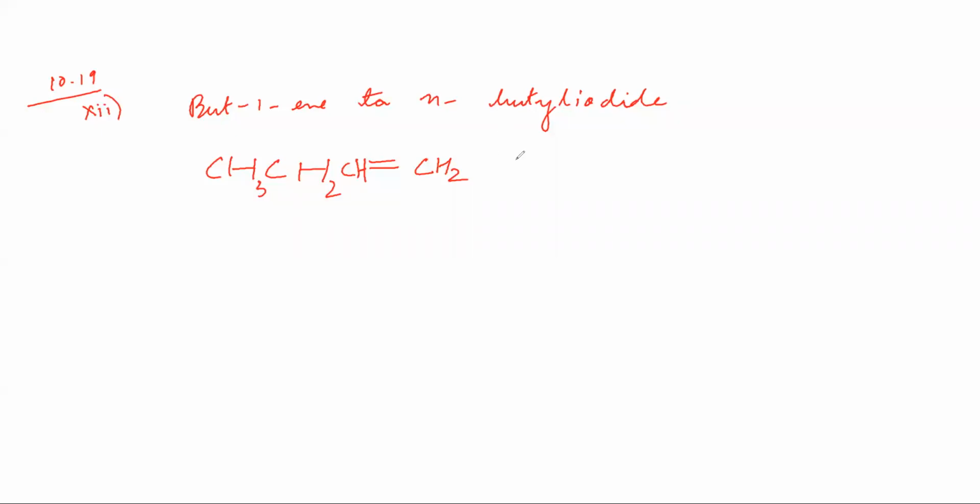Here you have to add a reagent so that it gets converted to n-butyl iodide. For this, simply add HBr in presence of peroxide. When you add HBr in presence of peroxide, what will happen? CH3, CH2, CH2, CH2, and you will get bromine.